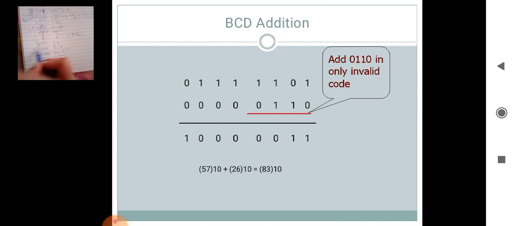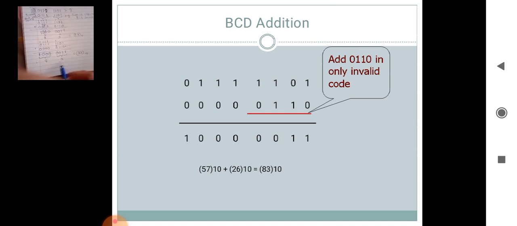No need to add 6 over here. Mistakenly I have written it there, but the result is coming correct after adding 6 over here only. No need to add 6 here because here sum is less than 9. We have added 6 only here because here sum is greater than 9, right?